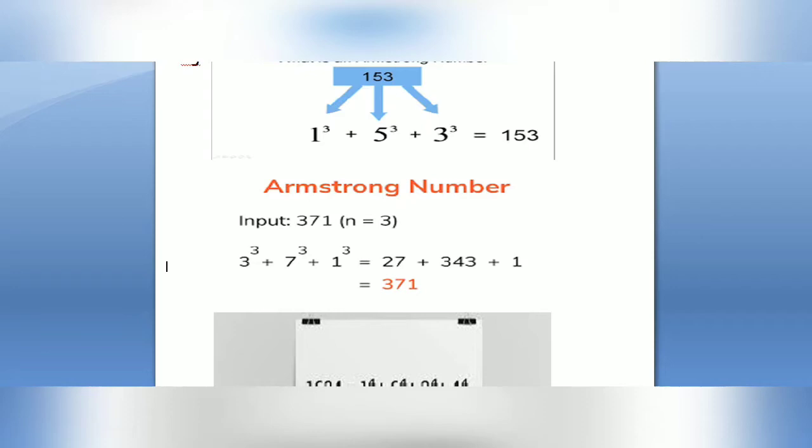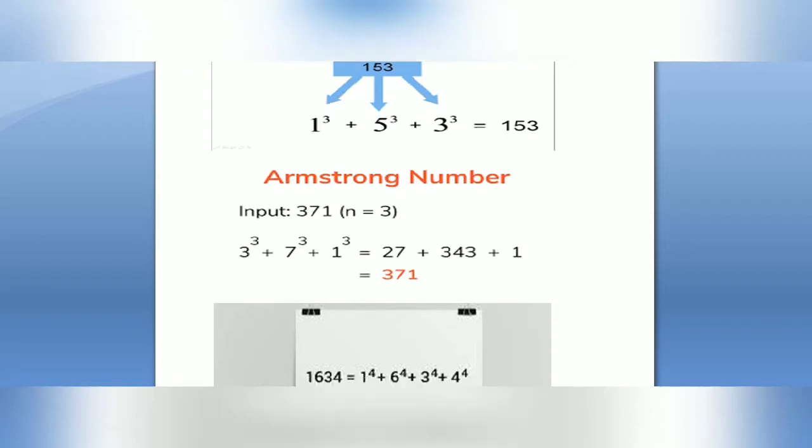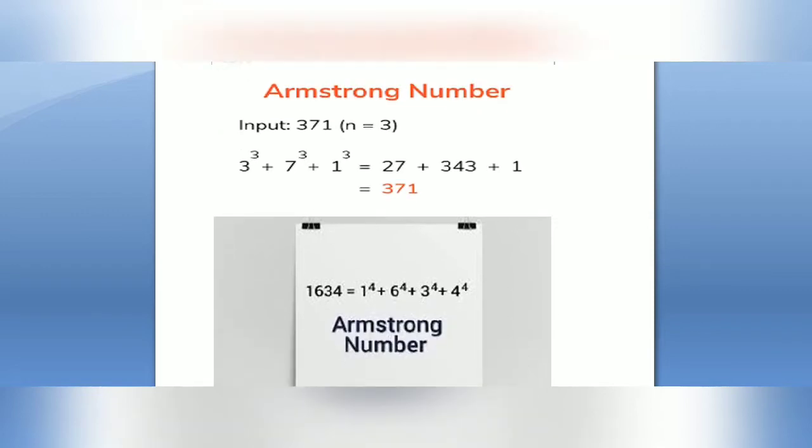Coming to the next, there is a lot of confusion among students that only 3-digit numbers are called Armstrong numbers. That is not true. Any number whose digits are each raised to the power of the number of digits, and the sum is equal to that number itself, will be called an Armstrong number.